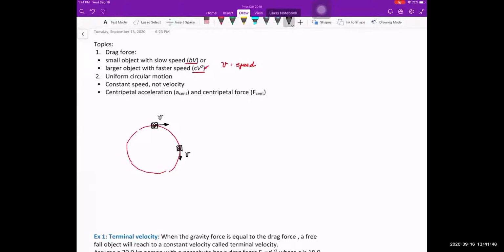So the direction is different. If I give you this problem and I ask you, do they have the same velocity? Then your answer should be no. And the reason is no is because they don't have the same direction.